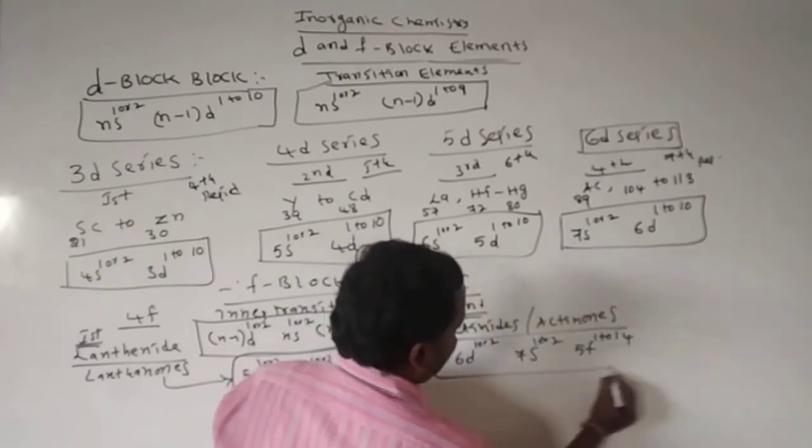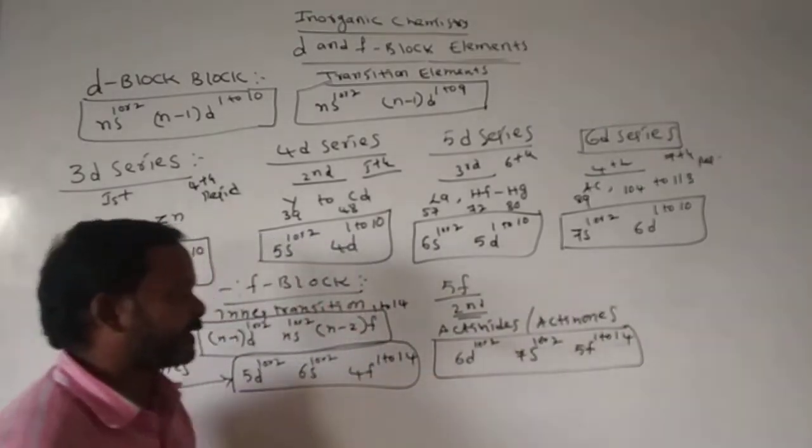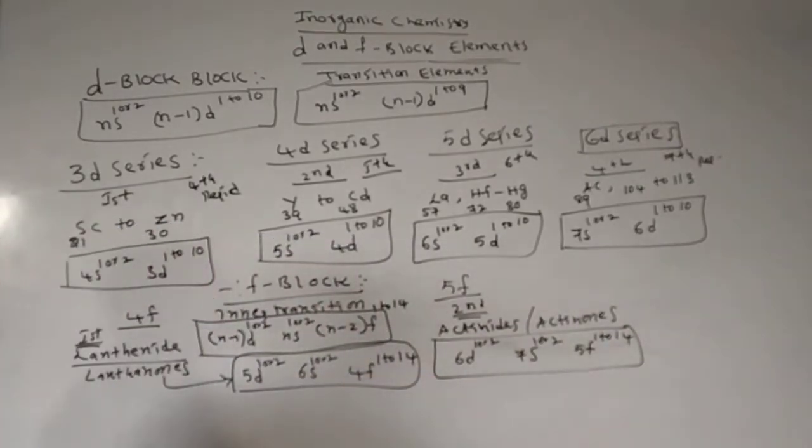This is the general electronic configuration of actinides, lanthanides, and F block inner transition elements. All these are general electronic configurations of D block and F block elements.